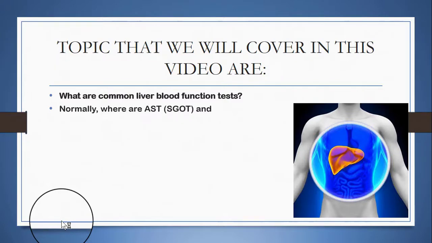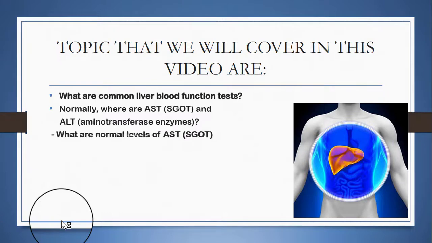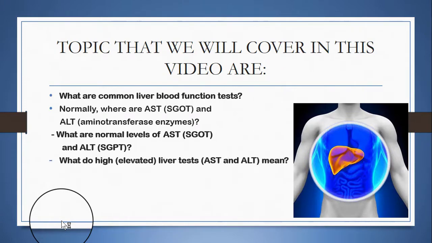Thirdly, we'll talk about what the normal levels of AST and ALT are. Next, we'll talk about what too high or elevated liver tests, that is AST and ALT, mean. And lastly, we'll talk about what blood tests are done to detect liver function. So these are the basic topics that we will cover in this video.